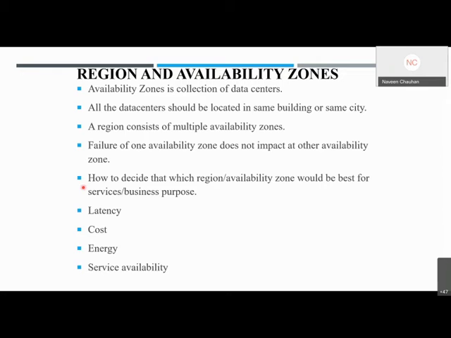Then the question arises of how to decide which region or availability zone would be best for services or business purposes. This is the question you and I have to answer with certain solutions, designing the data center in such a way that availability is at the foremost front.